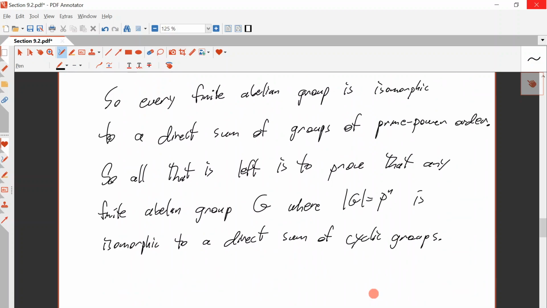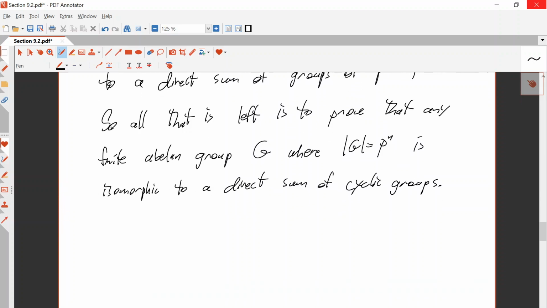So we've reduced the problem for all finite abelian groups to all finite abelian groups of prime power order. Okay? So that's the final part of the proof. So it's long and involved. This is definitely the most tricky theorem that we've proved in the course thus far.